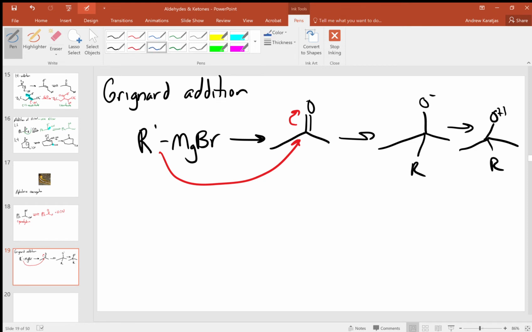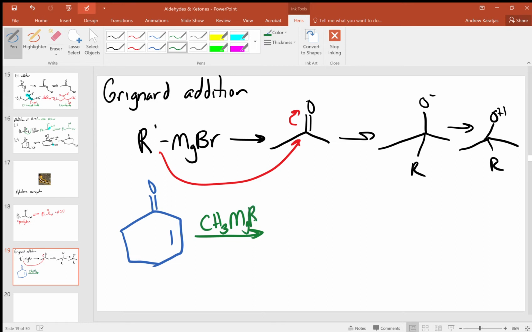What if we tried to do a Grignard addition 1,4? Well, the basic answer is it won't work. Because in order for this step to be reversible, the leaving group would have to be R minus.